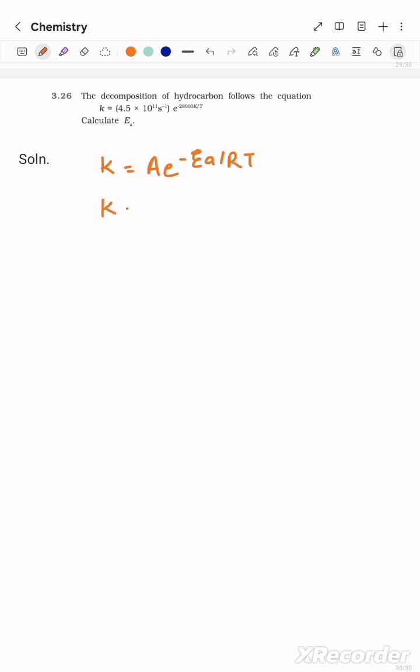And here in the question, what is given? k is equal to 4.5 × 10^11 per second, e to the power minus 28,000 K upon T. So this is given.